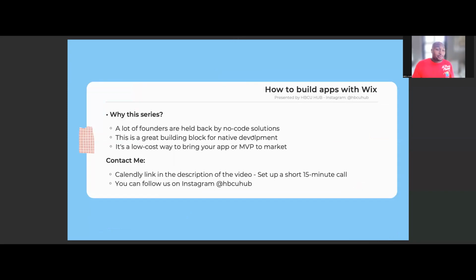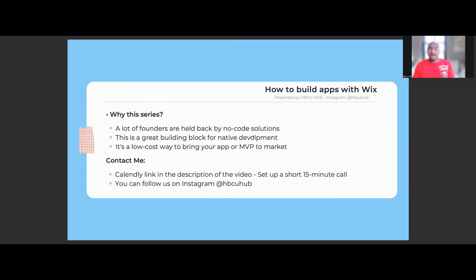So as we close out, as always, we're going to end with the why for this particular series, and that being that a lot of founders are held back by no code solutions. We spoke about that, those drag and drop solutions. This is a way to actually help you get out of that cycle and start building more custom technology. This is a great building block for anybody that is interested in moving forward in native development.